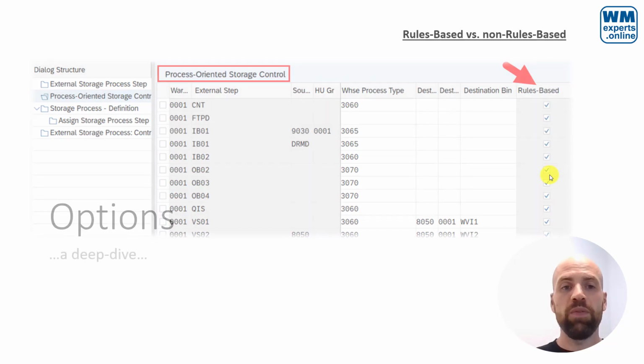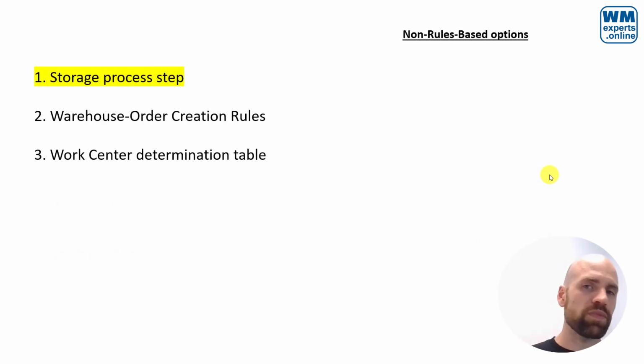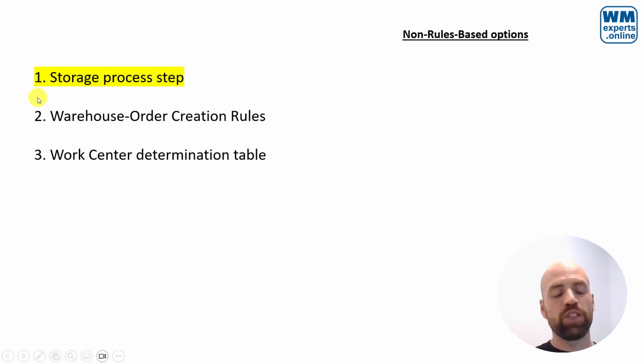And with the 3 options that I showed you already on the previous slide, and where I would go into detail now, we see that we have one option for the packing work center determination which is not rules-based, and this is the determination based on the storage process step itself. And then later in this video we will look at the 2 rules-based options, and here we have the warehouse order creation rules as a source for the data, and we also have the work center determination table.